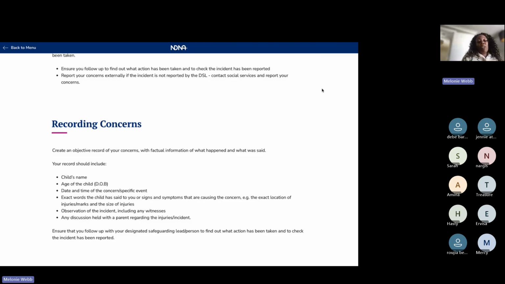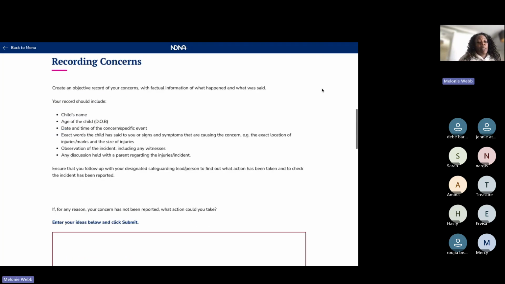If you've jotted it down on a piece of paper and you've walked from the preschool room to the baby room to the office, and you've lost that piece of paper in between, it's going to have all of that really sensitive information about a child who is possibly in danger. So please, where possible, do write it down directly on My Concern.